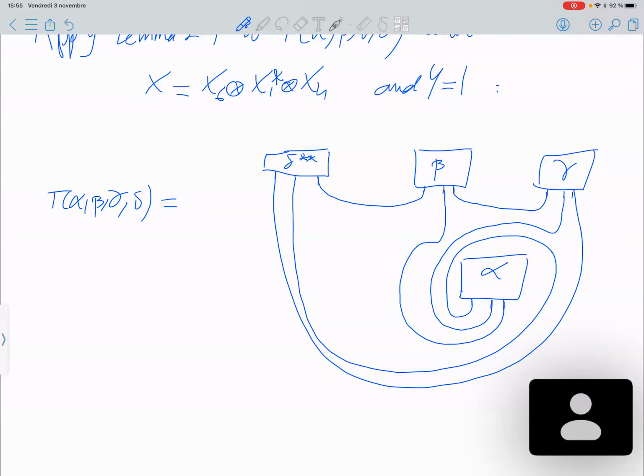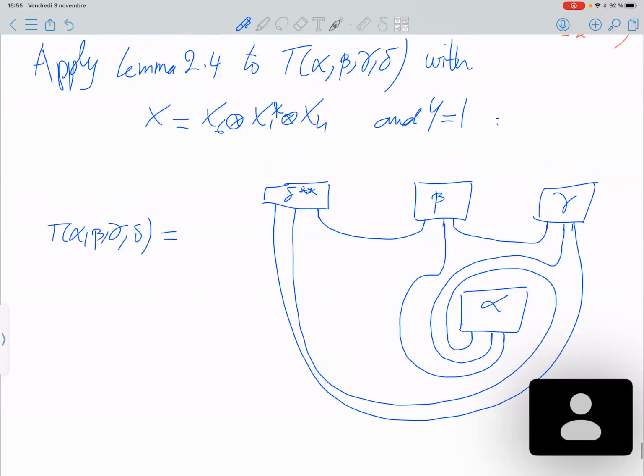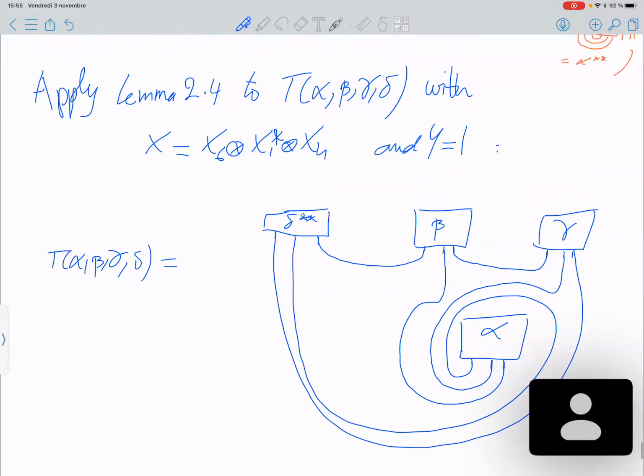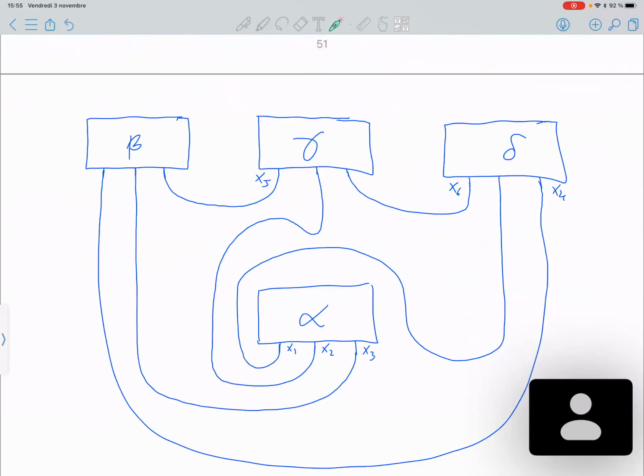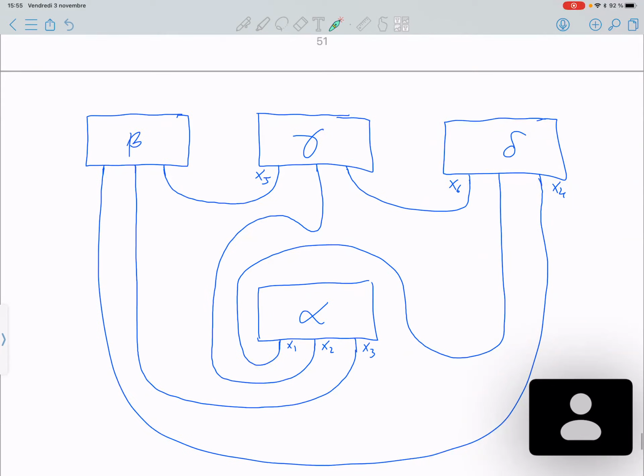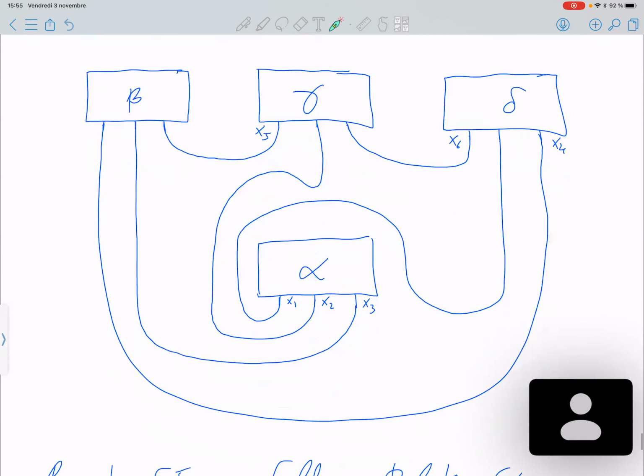You have to convince yourself that when you apply lemma 2.4 to this component and this component, you have one branch here, one edge.